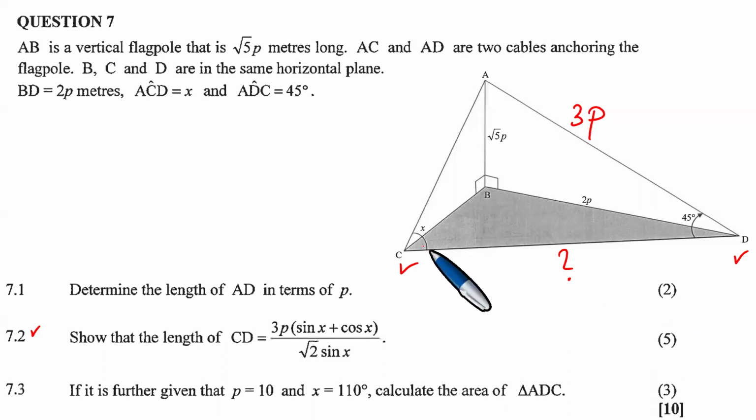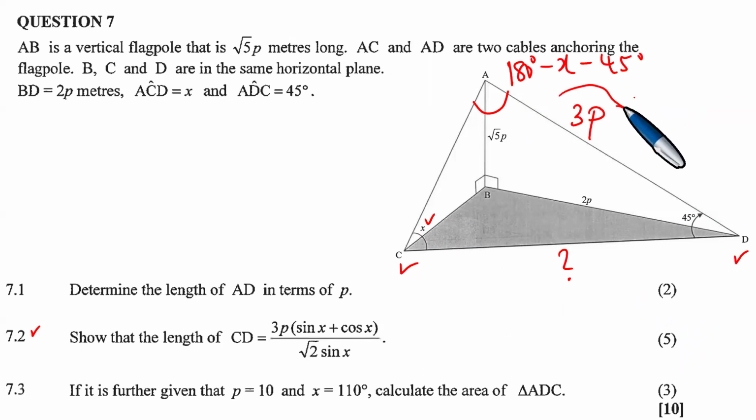We already know that this one is X. This one is 45, which means that this angle here is going to be the same as 180 degrees minus X minus 45 degrees. Meaning, therefore, you have 180 minus 45, which is 135 degrees minus X. So that then in the end, we have the following here.